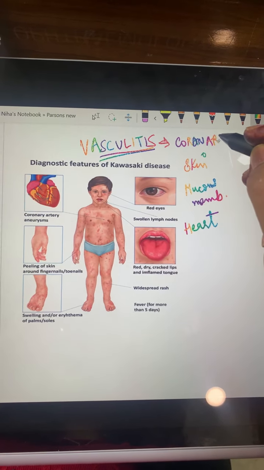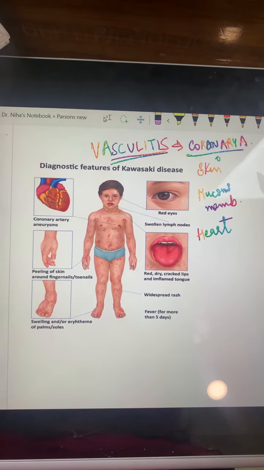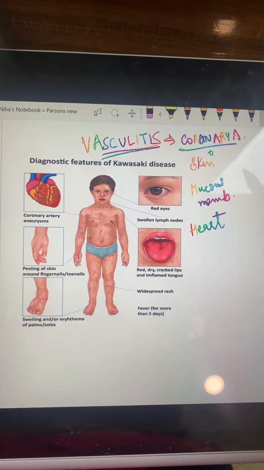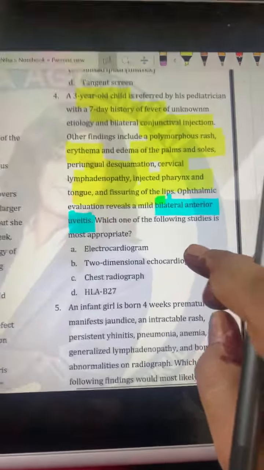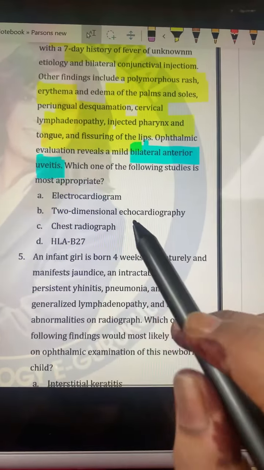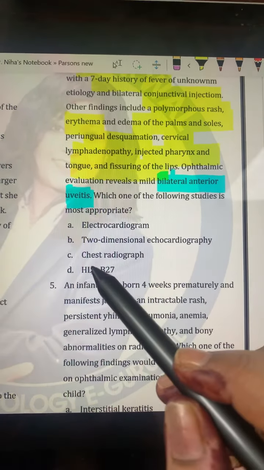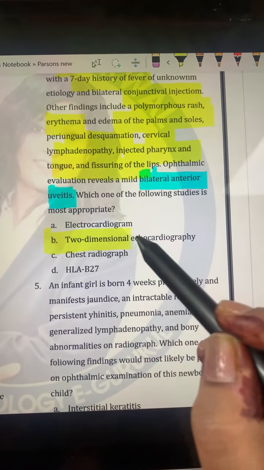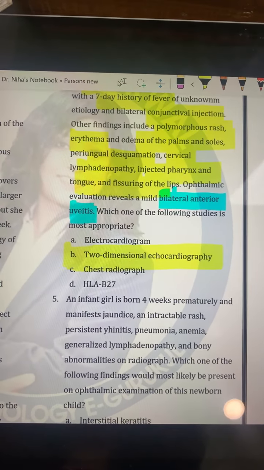So basically we are worried about the involvement of the coronary artery. How will you see it? This could be seen by electrocardiogram, two-dimensional echocardiography, chest x-ray, or HLA-B27. Obviously you will be able to see this with the help of two-dimensional echocardiography.